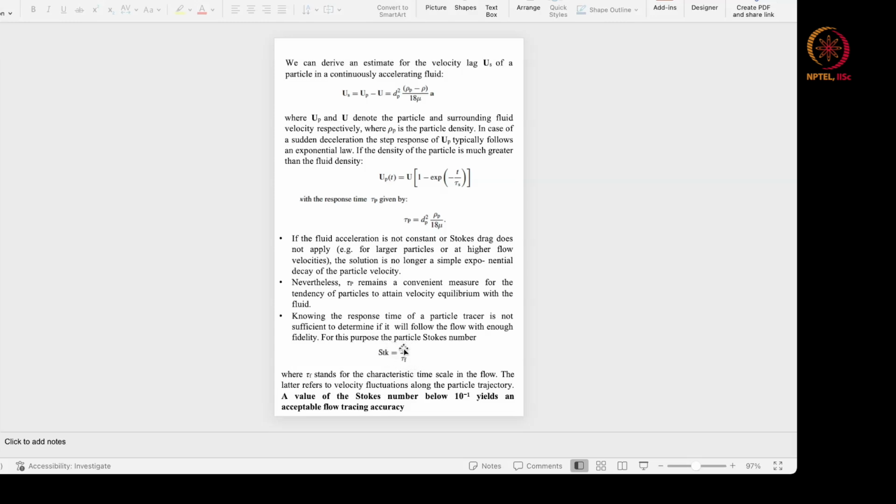It means your tau p should have a diameter which is very, very small, because if the diameter falls by half, the response time scale falls by 1/4. You can also reduce the density, which is the basic paradigm anyway. You need to reduce the particle diameter if you are to track high speed flows, or flows which have a very low flow time scale.